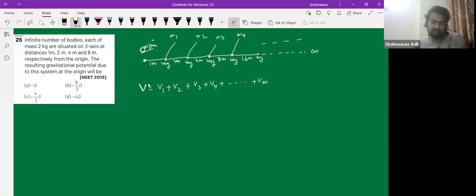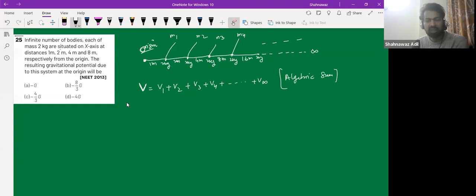So it doesn't require any direction, right? So this is a scalar one. So the solution will be the algebraic sum of individual potentials, because potential is a scalar quantity.